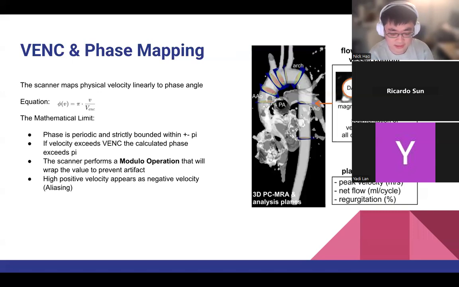If the velocity exceeds the VENC, the scanner and our simulation code will enforce a modulo operation to wrap the value back into range. This wrapping causes aliasing, where a high positive velocity is misinterpreted as negative flow, creating artifacts. Next slide, please.